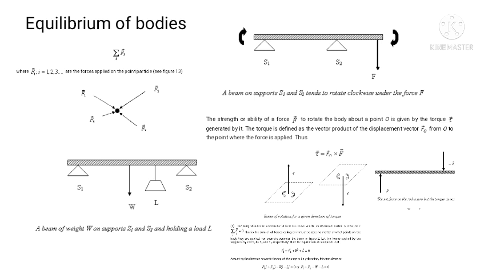Let us start by observing what all a force can do to a body. One obvious thing it does is accelerate the body. So if we take a point particle P and apply a force on it, it will accelerate it.